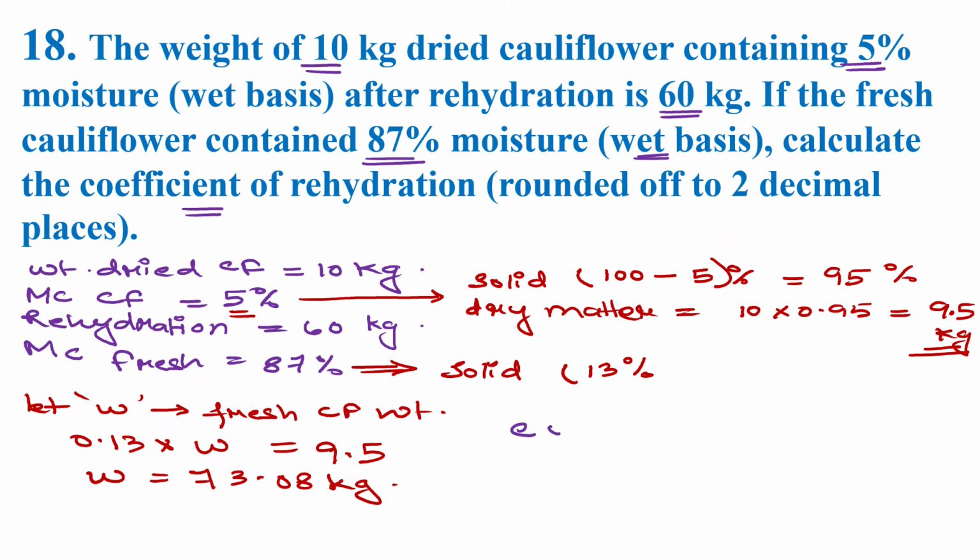It is 60 kg after rehydration, and here we calculated the equivalent fresh weight, that is 73.08 kg. So it is approximately equal to 0.821. Now we have to round it off to 2 decimal place, so it will be 0.82. So this is our correct answer.